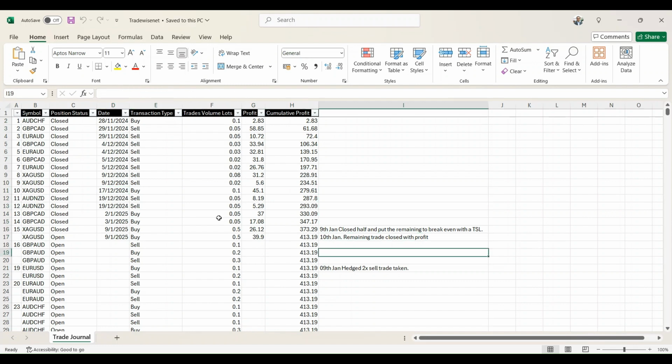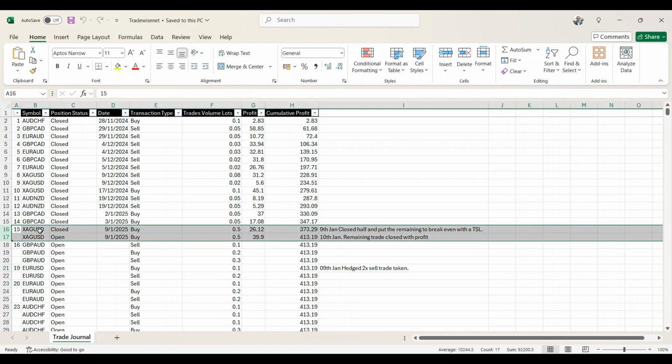Also, I maintain certain notes here on the right-hand side, basically for my understanding of why I have taken an action and when I've taken it. If we just take the example of the silver trade, I'd taken a 0.1 lot size earlier on in the buy direction, and then on the 9th of Jan I'd closed half and put the remaining at break even, and then on the 10th of Jan the remaining trade closed with a profit.